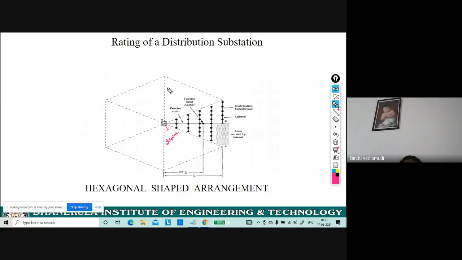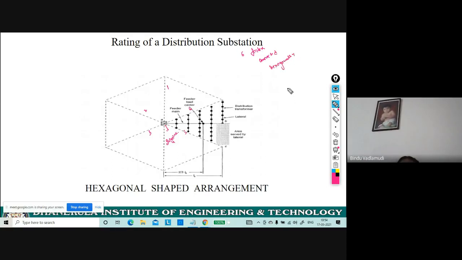Feeder 1, 2, 3, 4, 5 and 6. All these are the feeders. So six feeders are connected hexagonally. Is the shape looking hexagonal or not?